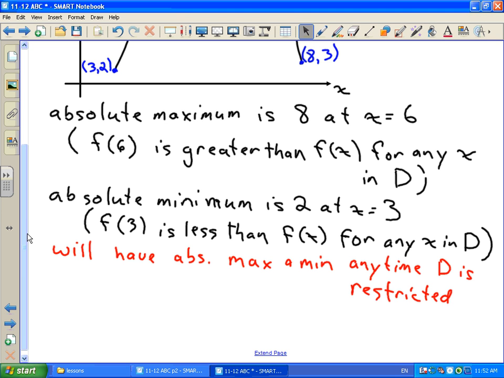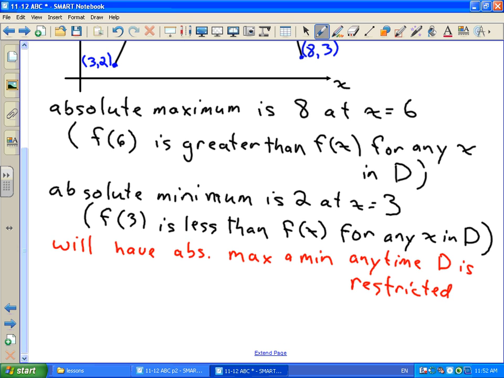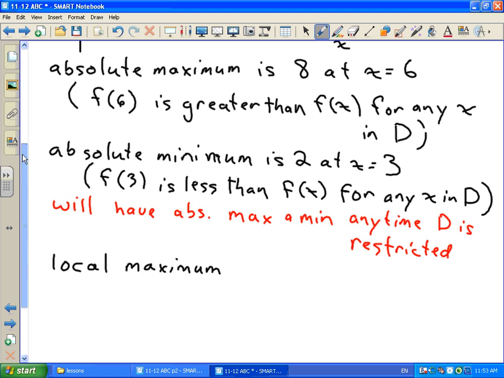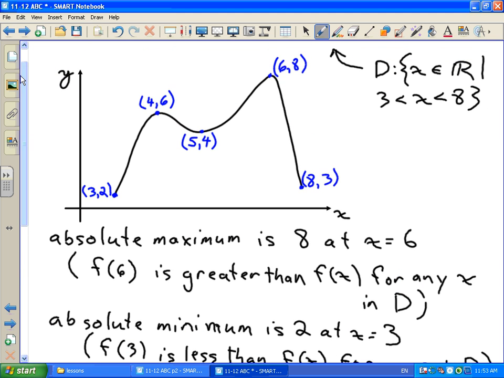Okay. So that's absolute maximum and absolute minimum. The other one that we have to consider is what's called a local maximum, and we'll get to local minimum in a second. So if we look at our graph again here, a local maximum is going to be right here at (4, 6).